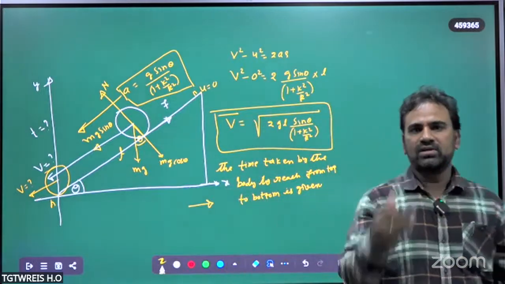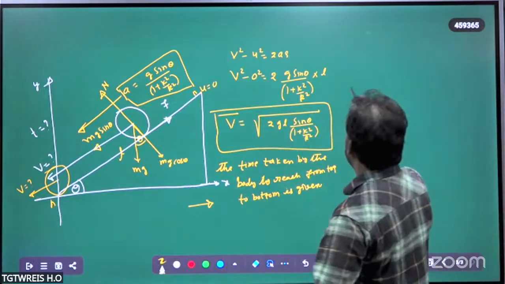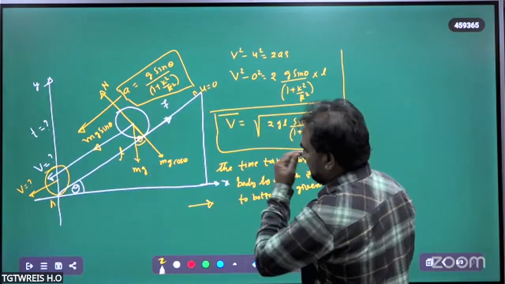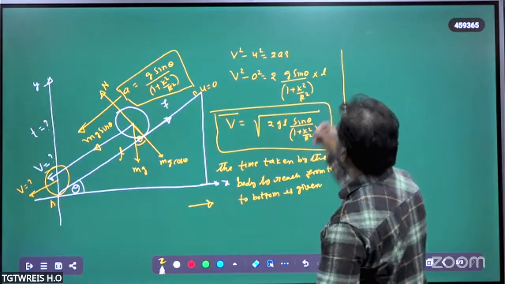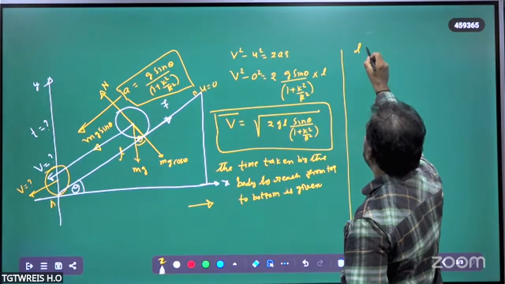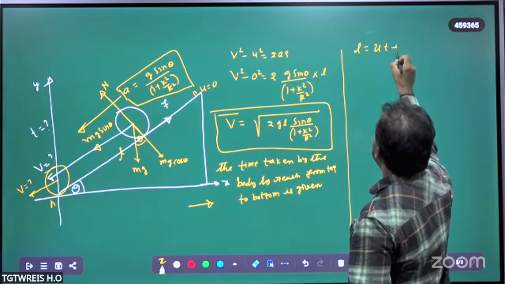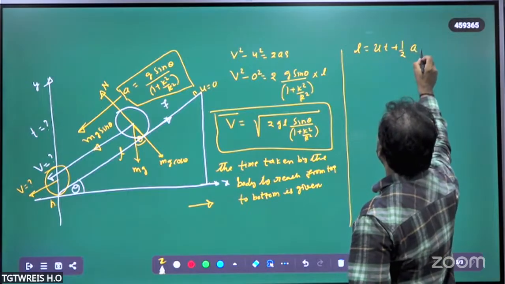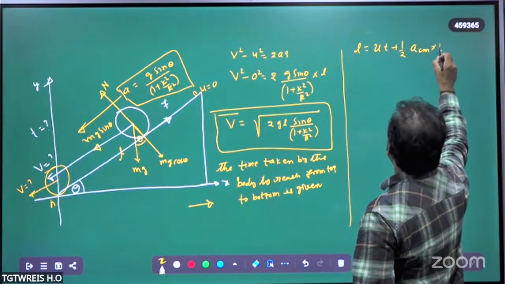The time taken by the body to reach from top to bottom is given by, what is that? Apply S is equal to ut plus half at square. That means L is equal to ut plus half ACM into t square.